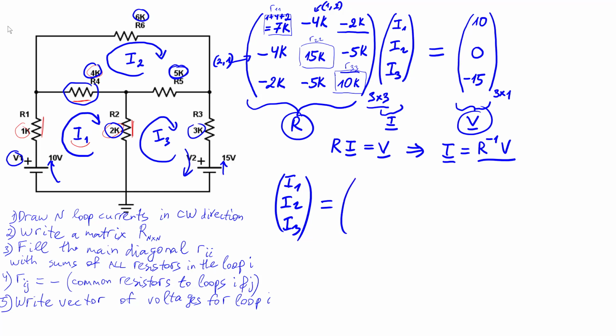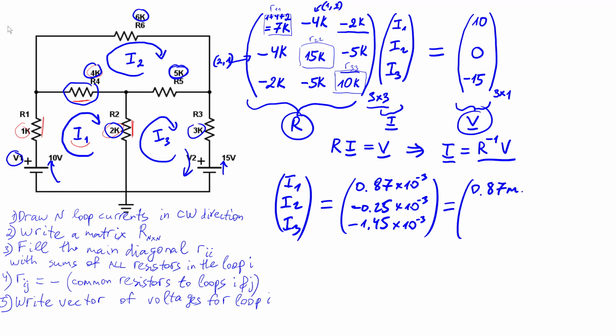You get values 0.87, minus 0.25, and minus 1.45, multiplied by 10 to the minus 3, which gives us just values in milliamperes. So it's 0.87 milliampere, minus 0.25 milliampere, and minus 1.45 milliampere.